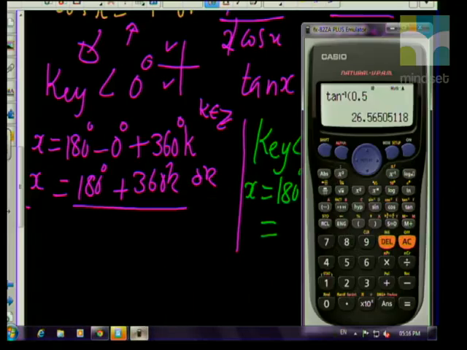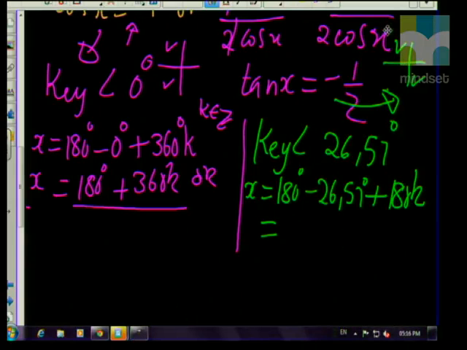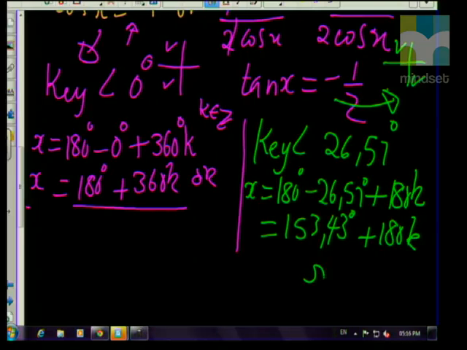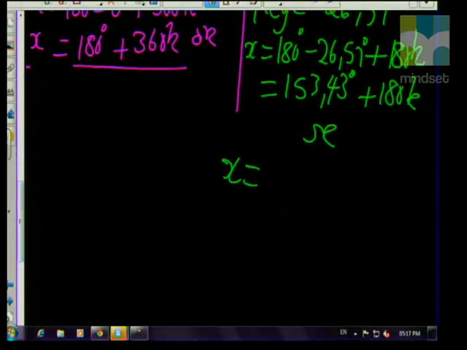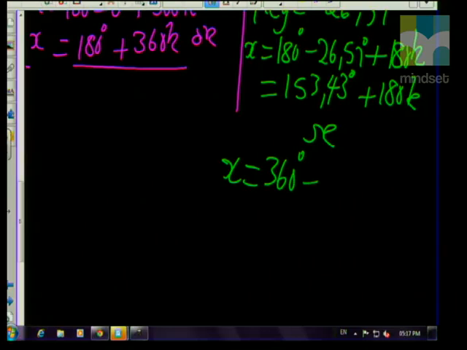You've got 180 minus 26.57, we get 153.43 plus the 180 degrees times k. And then that last one, now remember, tan is also negative in the fourth quadrant. So it's going to be your 360 degrees minus 26.57 degrees plus 180k.